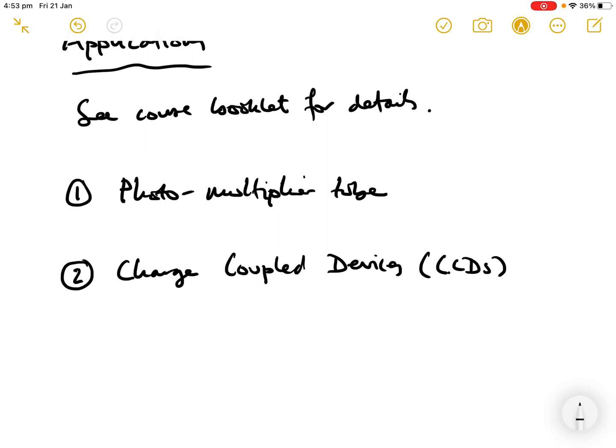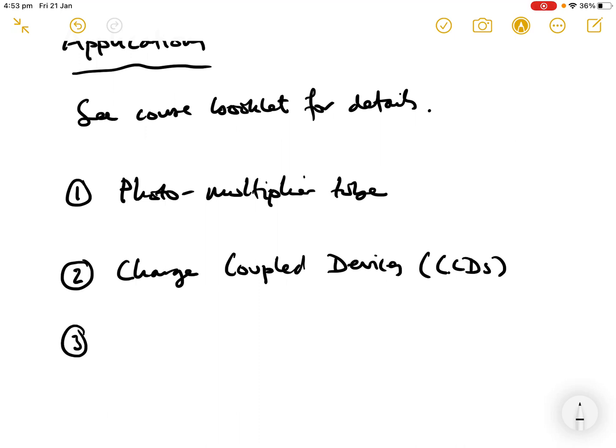For example, in a digital camera, where the charge coupled device replaces the film, and there is an array of little pixels which detect the light, so they're very, very small pixels, and photons interact with them. So you can again read more about that in the course booklet.